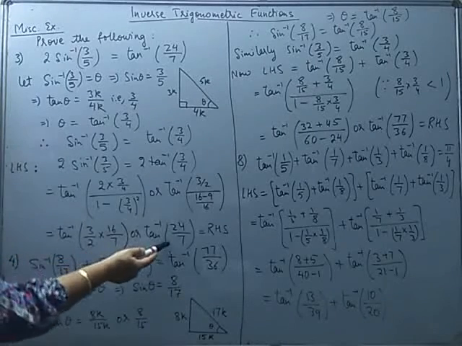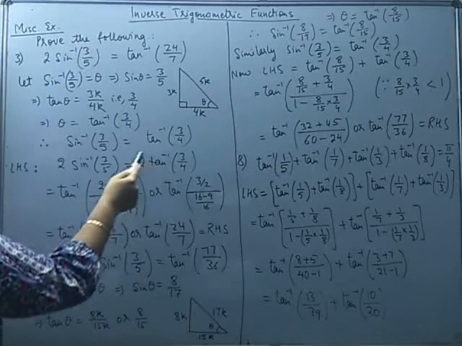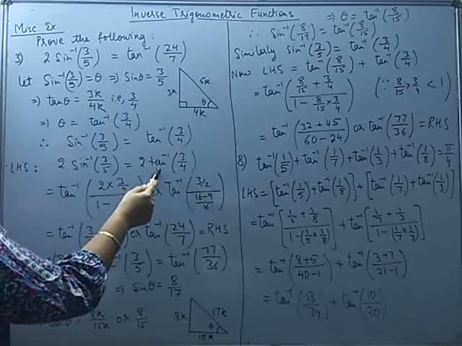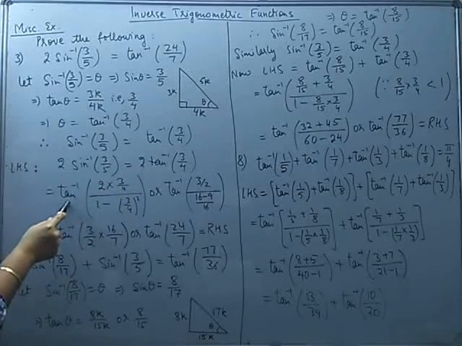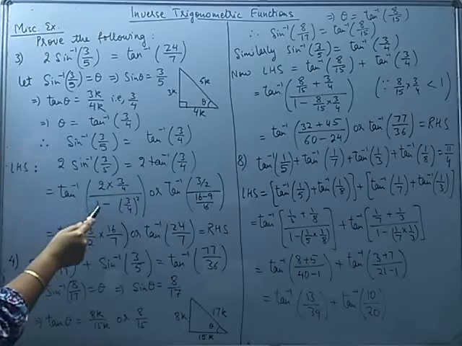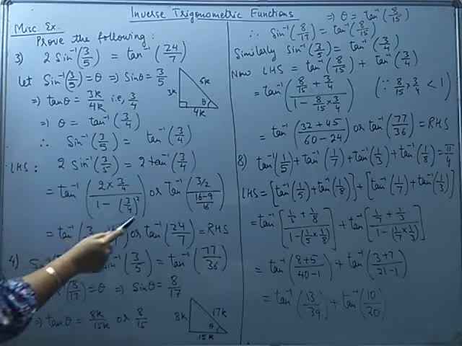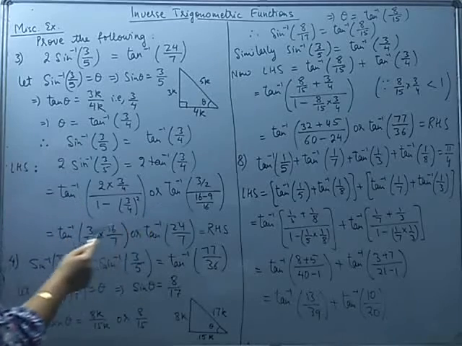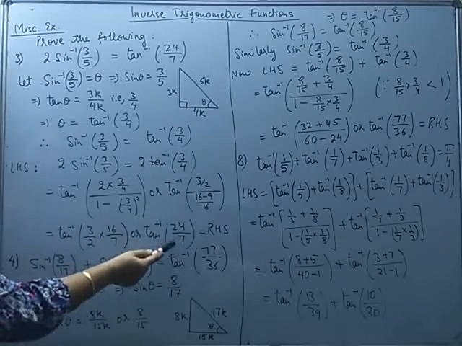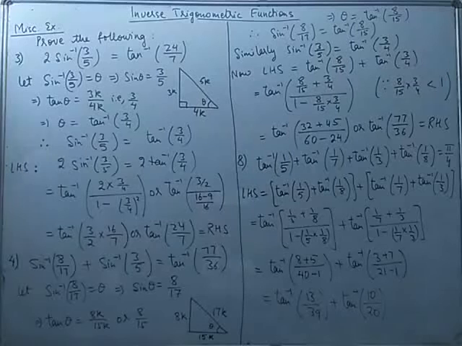You will get the same result. Here I have applied the formula for 2 tan inverse x, which is tan inverse of twice x over 1 minus square of x. So this part needs to be simplified. See, it reduces to tan inverse 24 by 7, which is the required right hand side.